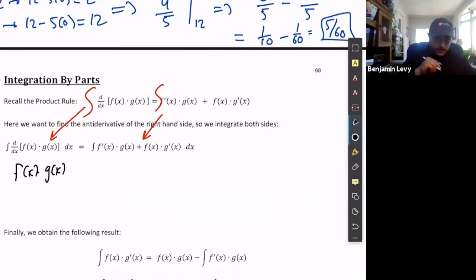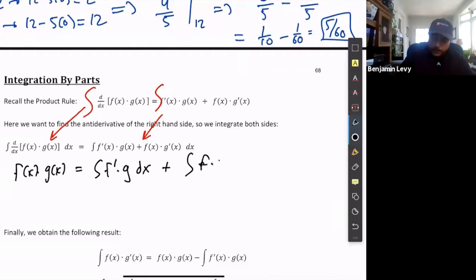On the left-hand side, excuse me, and then on the right, we can break that integral up into the two separate integrals. If you have two things being added inside an integral, you can just think about them separately.